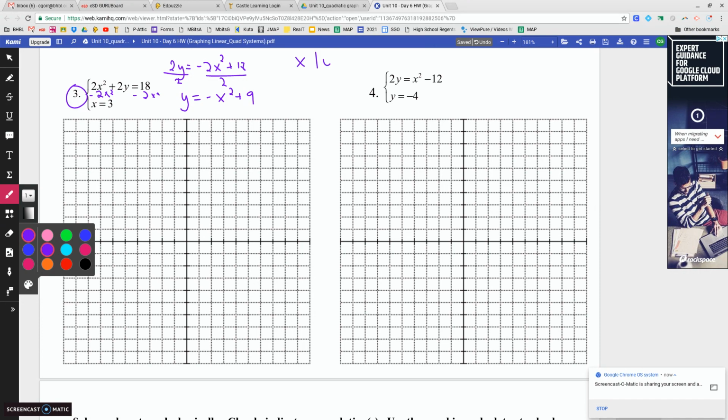and I'm going to plot that equation, and I'm going to try to find a table that gives me an appropriate range of values.